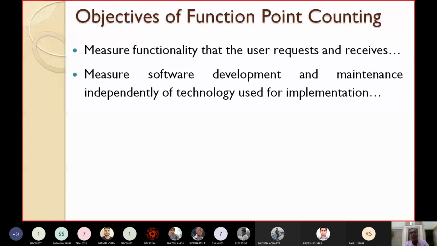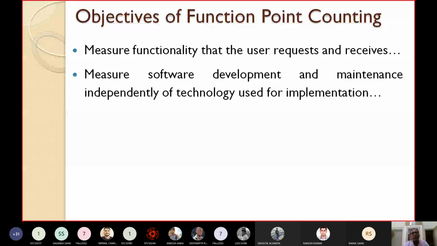Whatever programming language you may use, it can measure the software development and maintenance. You may use C, C++, Java, or whatever technology. It is independent, so you can easily estimate the software development effort or the maintenance effort.